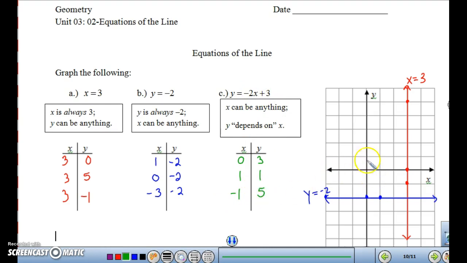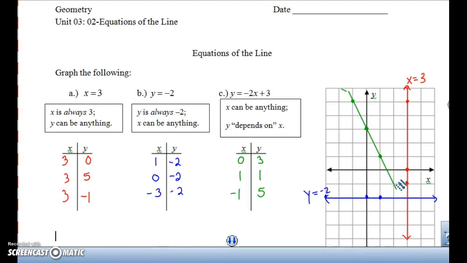So if we graph this line, we have (0, 3), (1, 1), and (-1, 5). Now notice this line is slanted. It is a slanted line because the x and the y depend on each other.